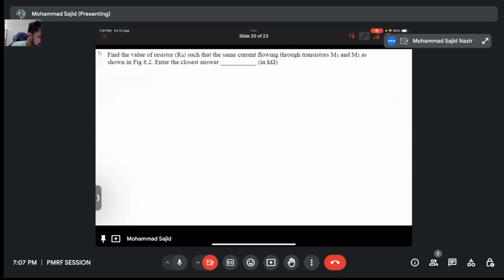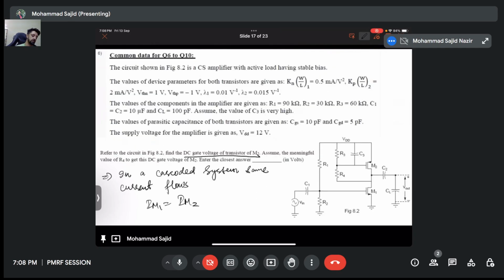Okay, find the value of R4 such that the same current is flowing through transistor M1 and M2 as shown in the figure. So we will use a concept again that IDS1 is equivalent to ISD2. But now we need to use another piece of information given in the question, that is channel length modulation.